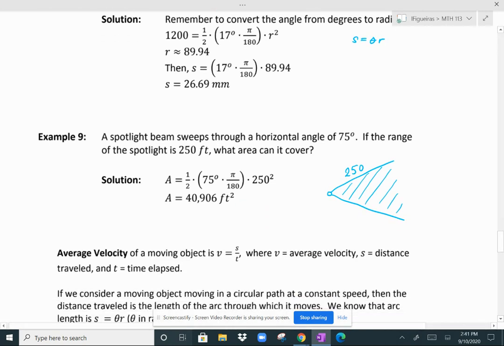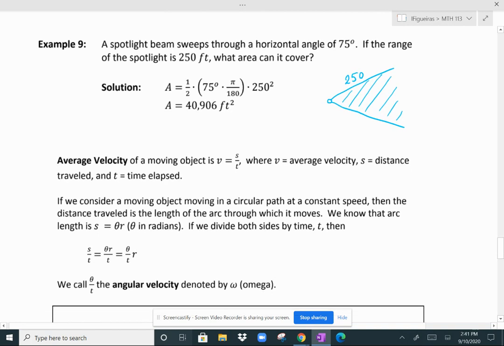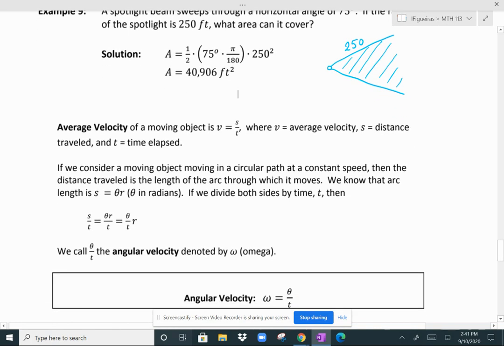All right, so let's talk about two other types of word problems. We have average velocity. The average velocity of a moving object is given by v equals s over t, where v is the average velocity, s is the distance traveled, and t is the time elapsed.